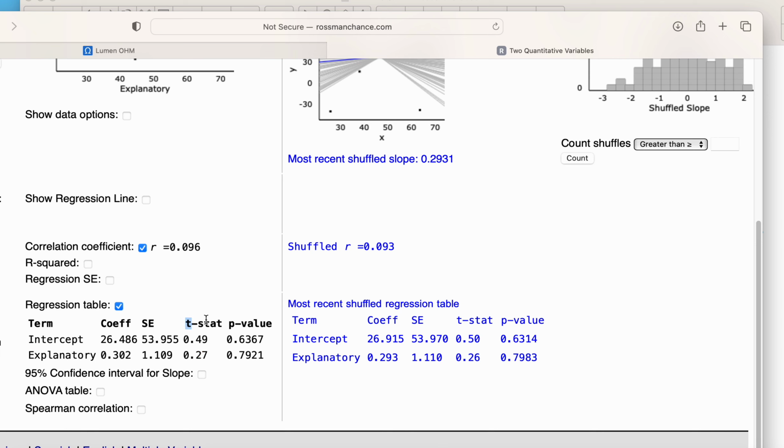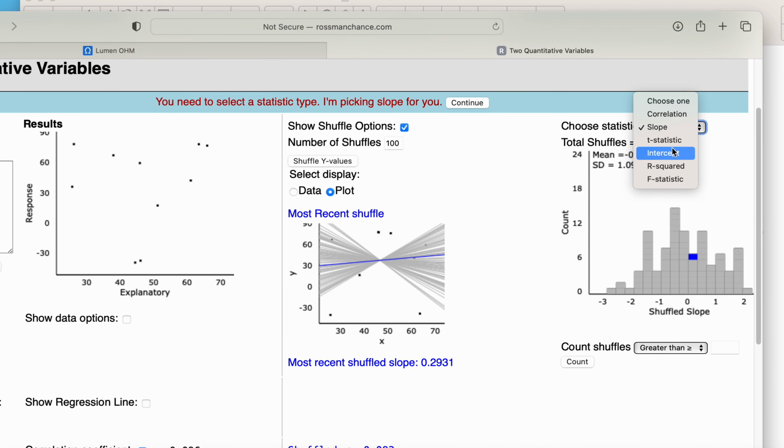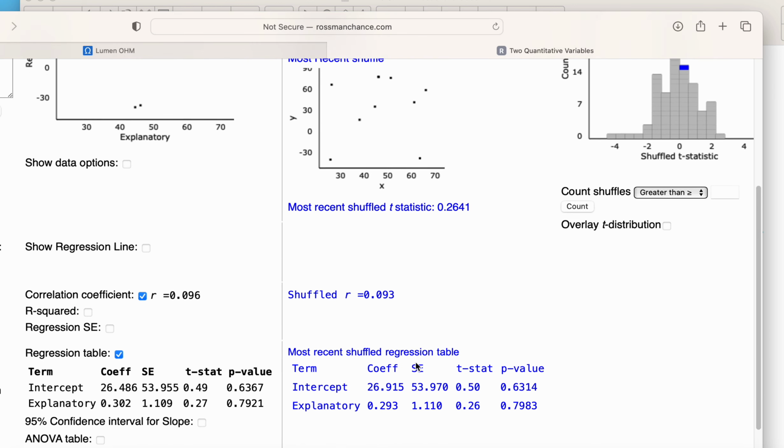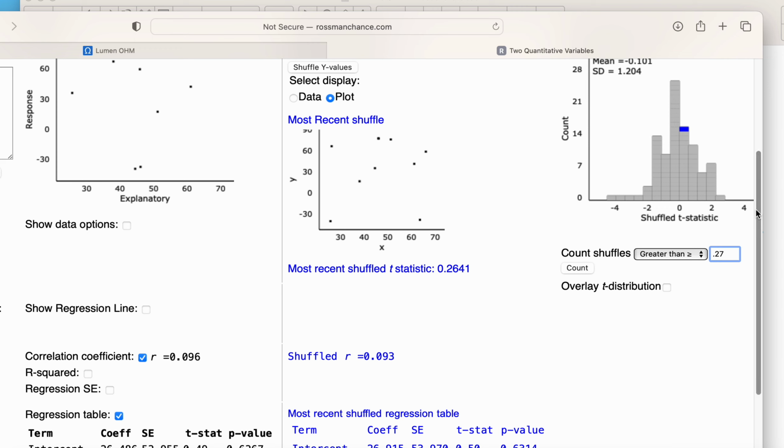See this column heading, t statistic? We want to pull it here, 0.27. We're pulling the t statistic from here on the left, and we're going to put it over here in the box, 0.27. This sign always matches our alternative hypothesis, which is two-sided.